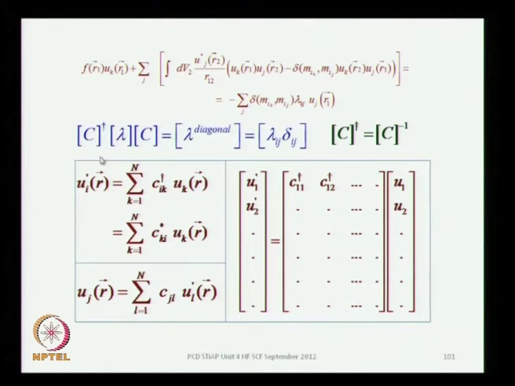So, you have the inverse transformations also. So, every u_k(r1) over here can be replaced by this summation, and then you will rewrite the Hartree-Fock equation in terms of the primed functions instead of the unprimed functions.